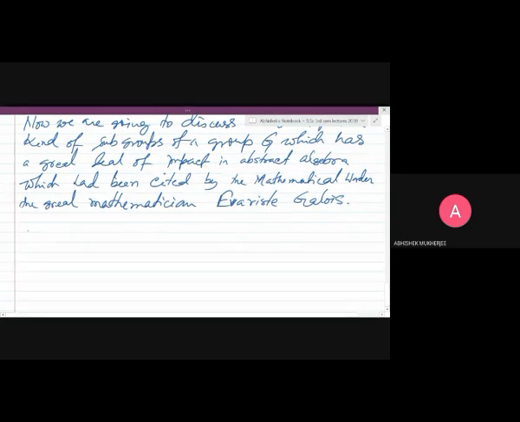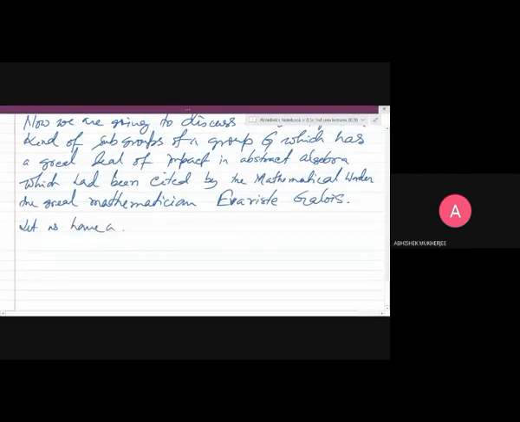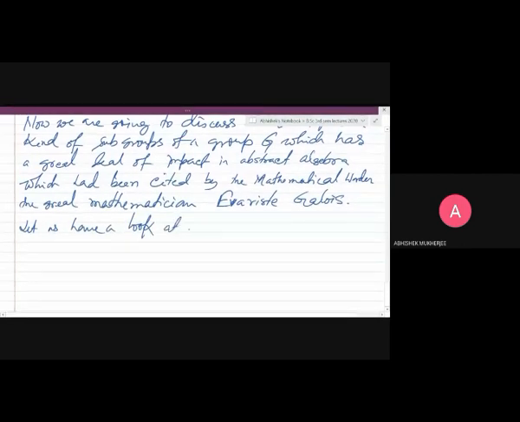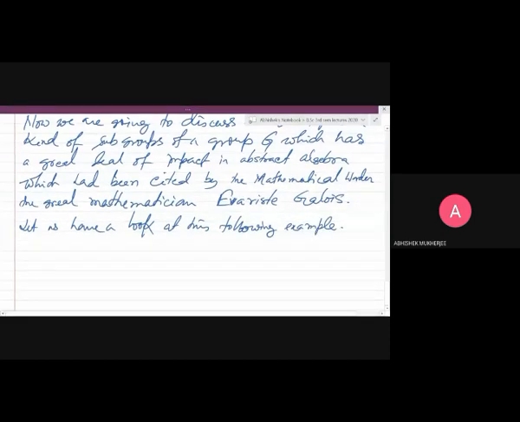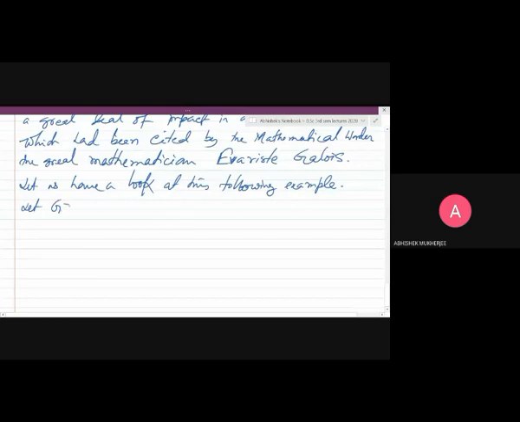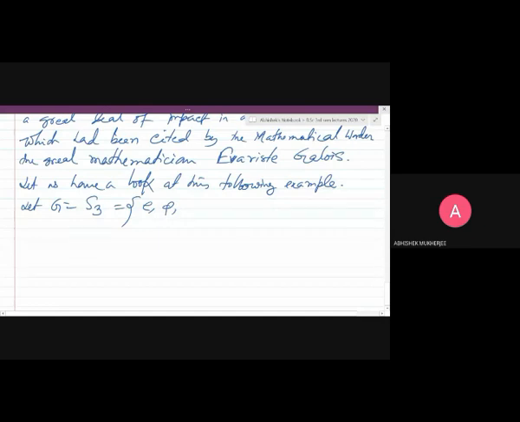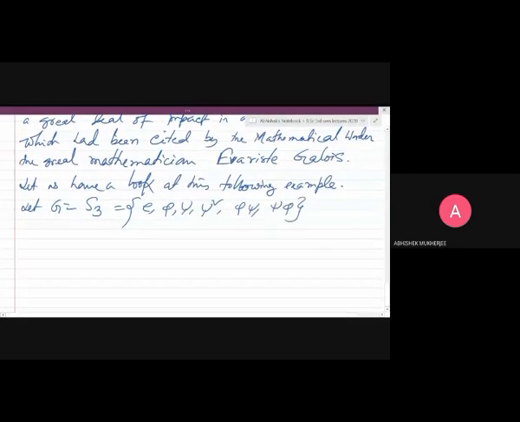So let us have a look at the following example. Let G be S3. What is S3? You know that it is constituted by these elements E, phi, psi square, phi psi and psi into phi, where E is the identity permutation, phi is the 1 2 cycle, psi is the 1 2 3 cycle, right?